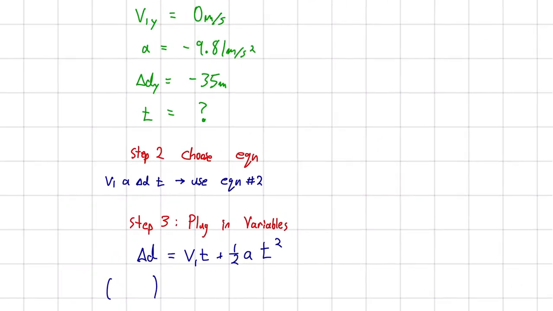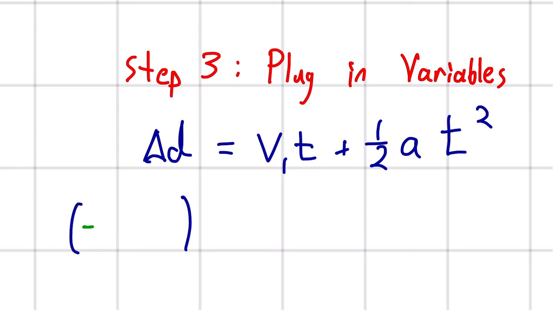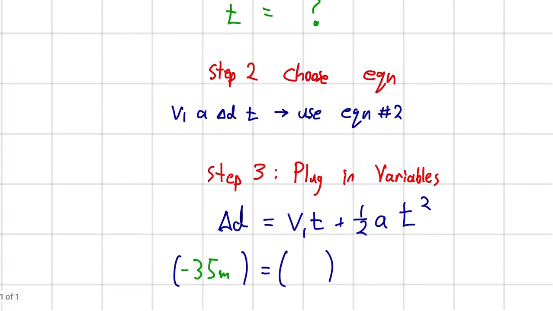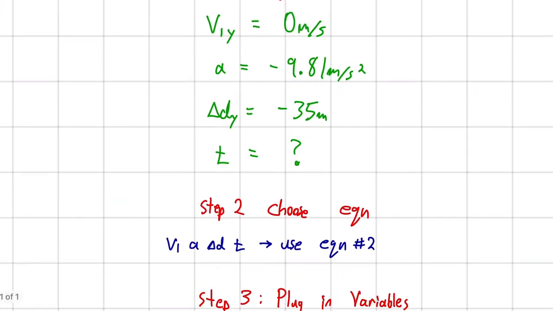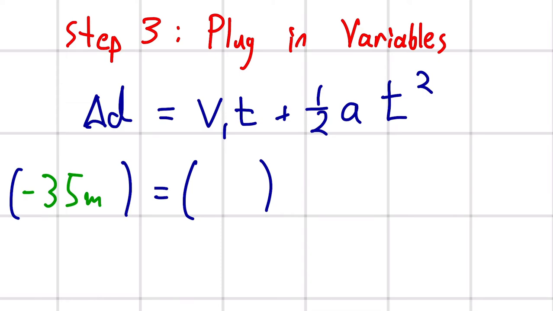So our delta d, negative 35 meters, is equal to our v1, remember, 0 meters per second.